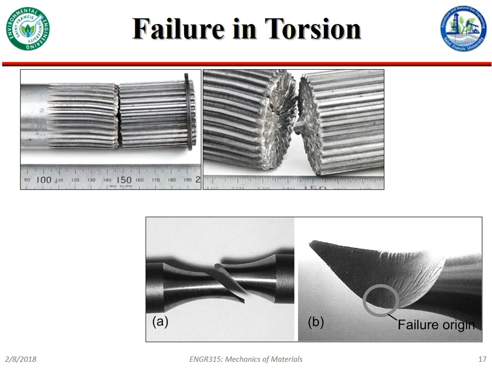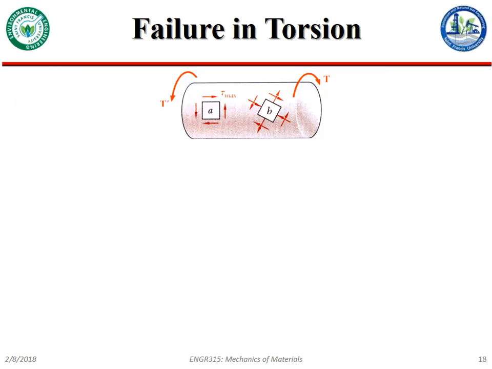So in torsion, things actually act in reverse. They fail in a reverse fashion of when they fail in tension or compression, physically speaking. And you can kind of get that out of a little shear cube analysis.